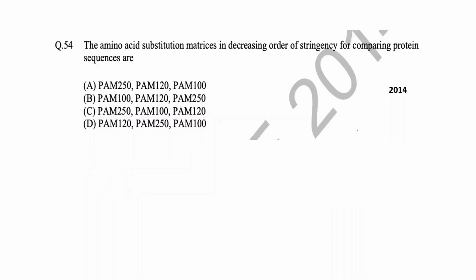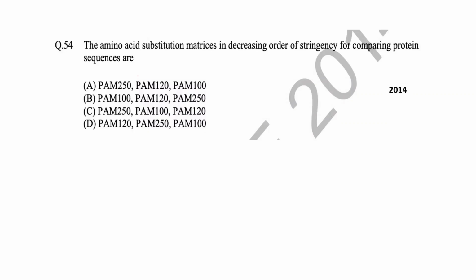In the question, it is asking for the amino acid substitution matrices in decreasing order of stringency for comparing protein sequences. Here stringency means how conserved it is, how much similarity the proteins have.